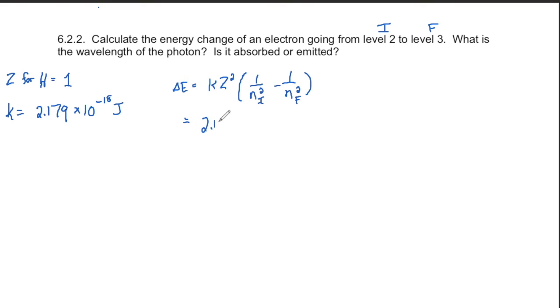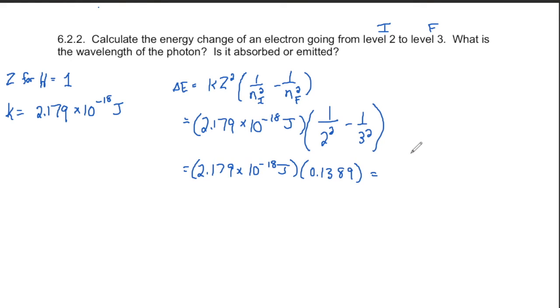And K is 2.179 times 10 to the negative 18 joules, multiplied by 1 over 2 squared minus 1 over 3 squared. So this is 2.179 times 10 to the negative 18 joules times 0.1389. And that is a positive number. It ends up being positive 3.026 times 10 to the negative 19 joules.